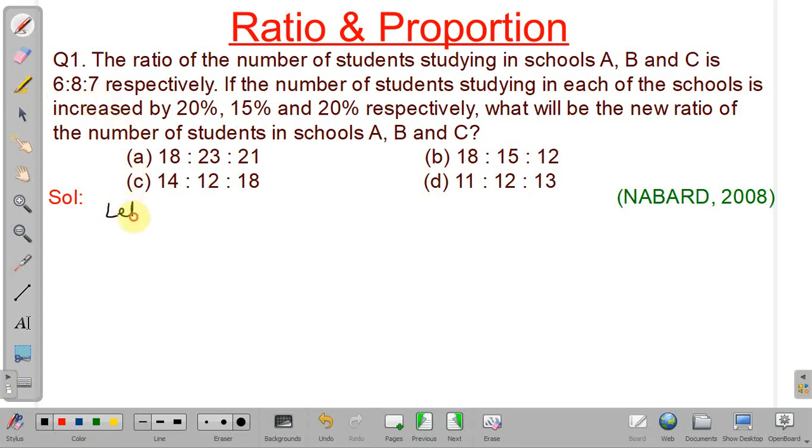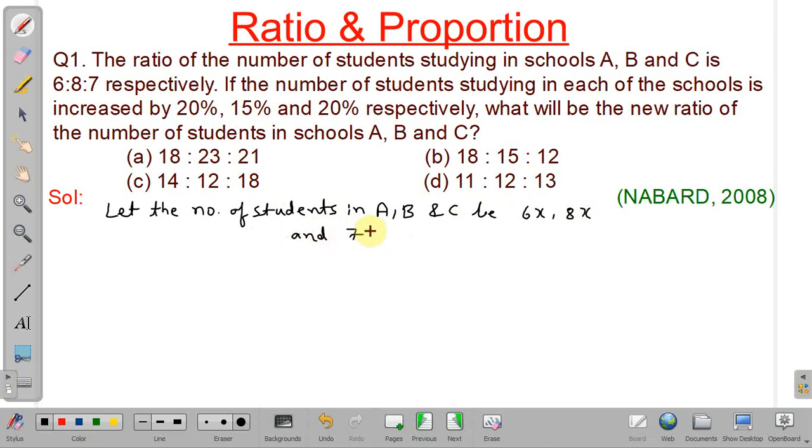Let the number of students in schools A, B and C be 6x, 8x and 7x respectively.